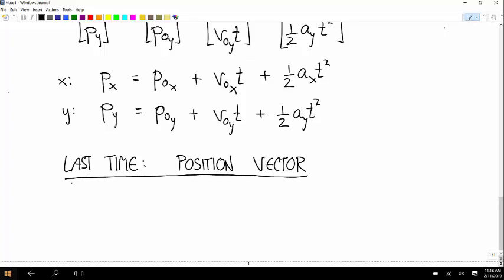You can think of the position vector as just the coordinates of the object in whatever coordinate system you're using. So now we have to talk about the velocity vector and the acceleration vector.